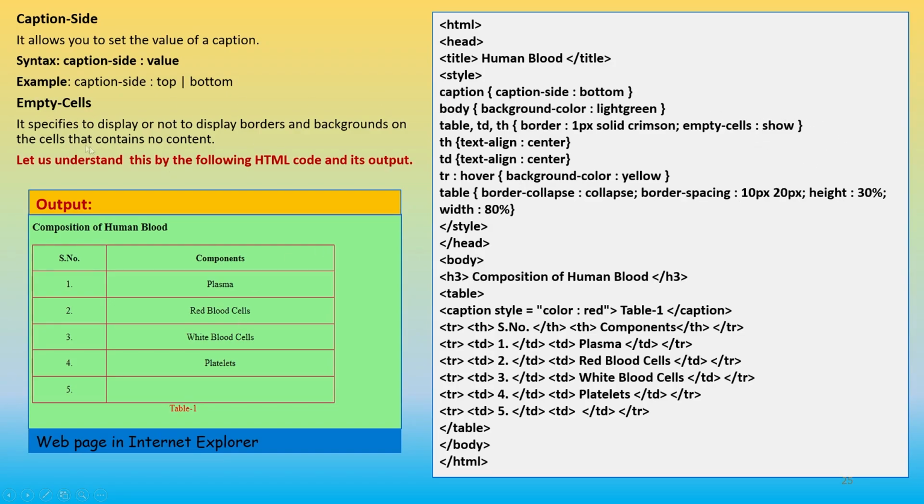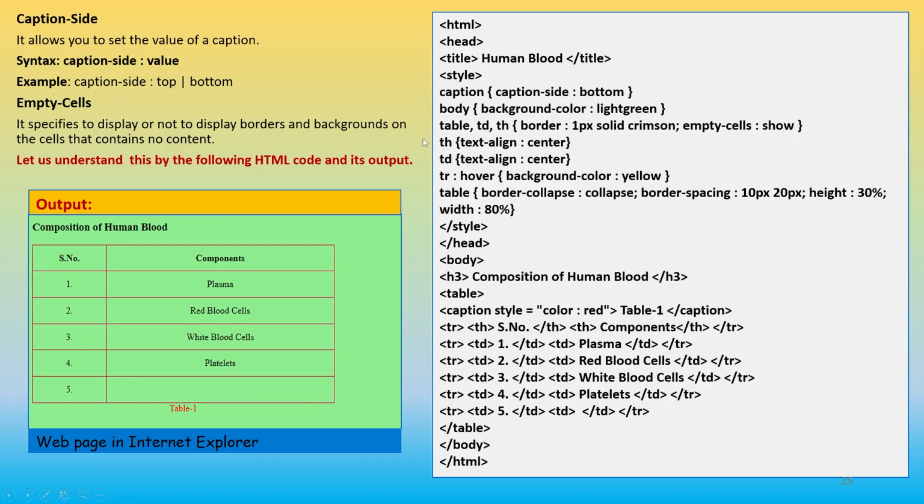Here it was specified whether you want to display or not display the border, so I have written show. So it is showing the border. Here I haven't put any data inside the fifth row second column, but I am showing the border of this cell also. So this is the show property given here.